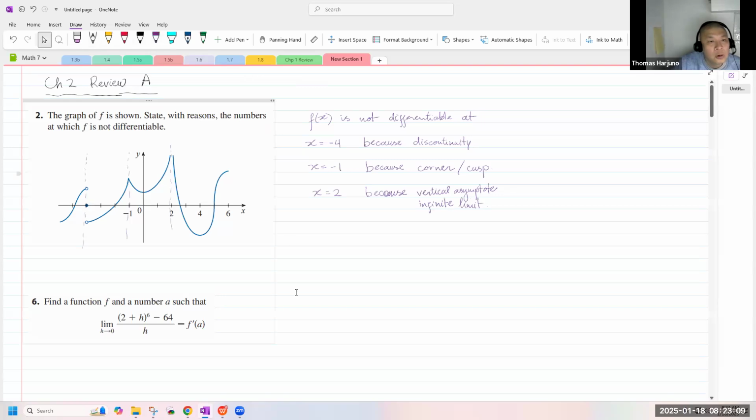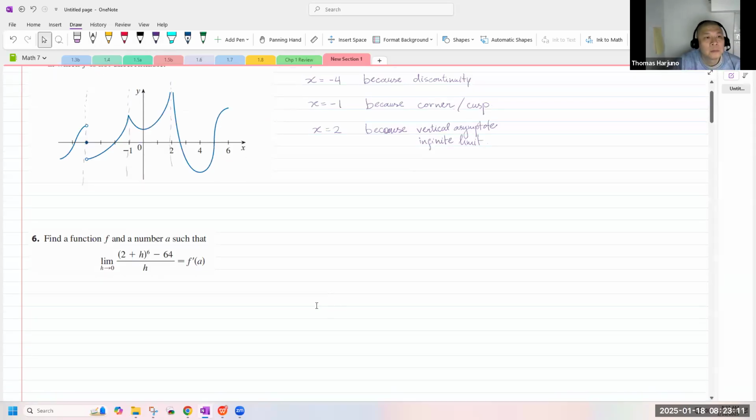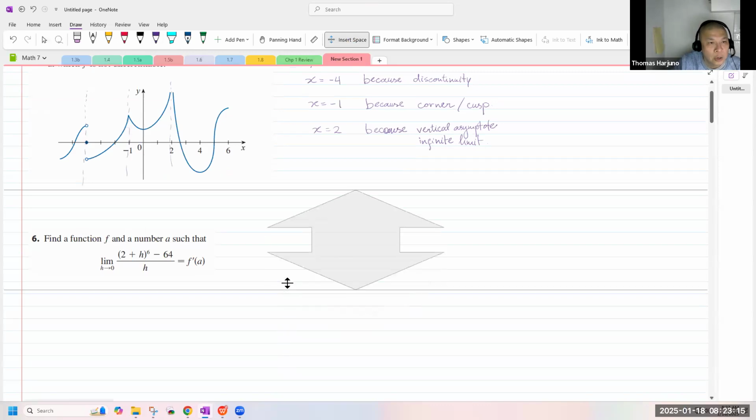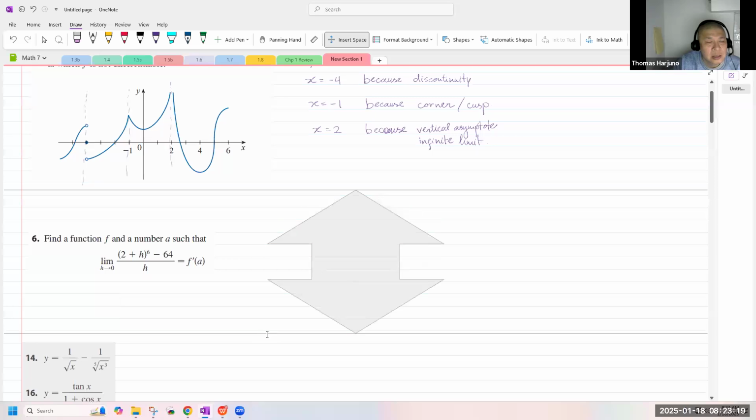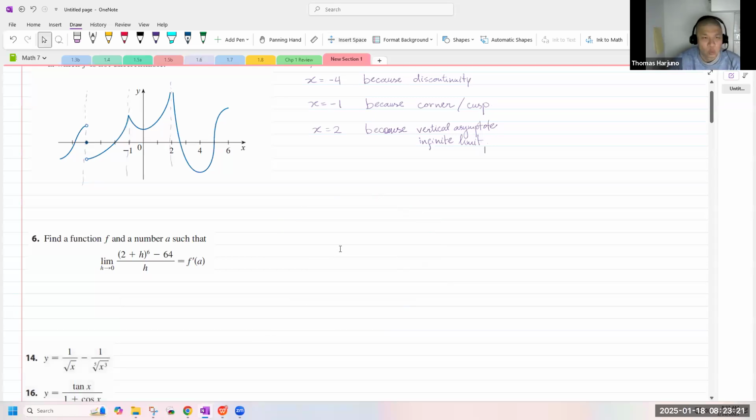Now, number 4, this is actually coming from section 2.2 or maybe 2.1. We basically step back and see: find the function f(x) and the number a such that f'(a) looks like this.